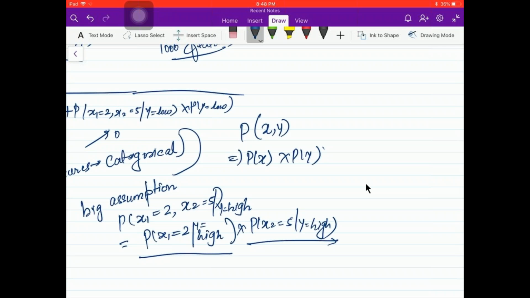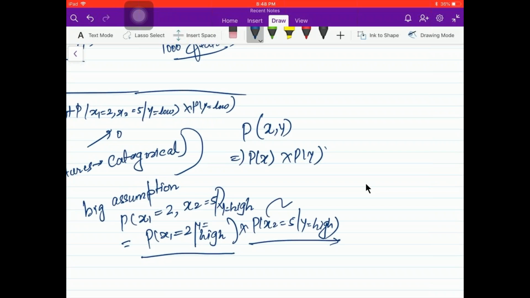So whenever I am doing naive Bayes, all the features are assumed independent, and that's why we can multiply the probabilities of each of the features. Does this sound good? Is everyone comfortable with this? Yes. Okay.